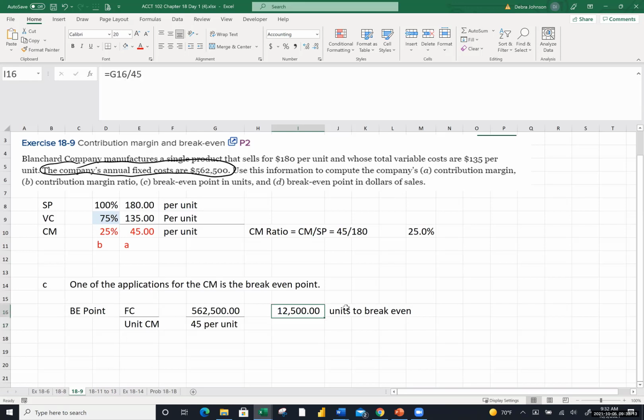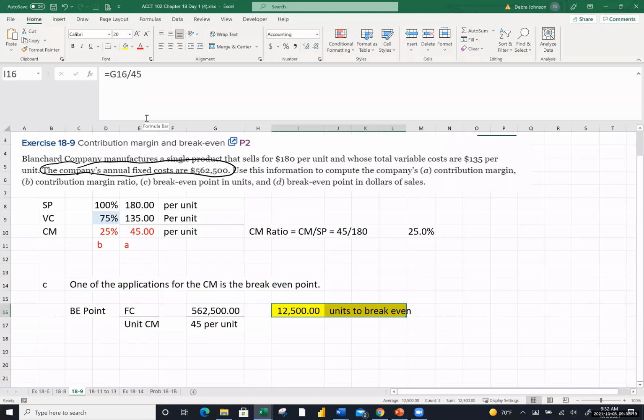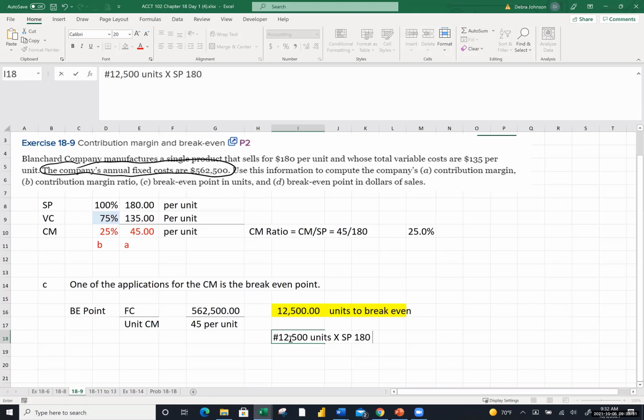So if I wanted to turn those units into sales dollars, all I'd have to do is take those 12,500 units and multiply by the selling price. And that would be one way to do it.